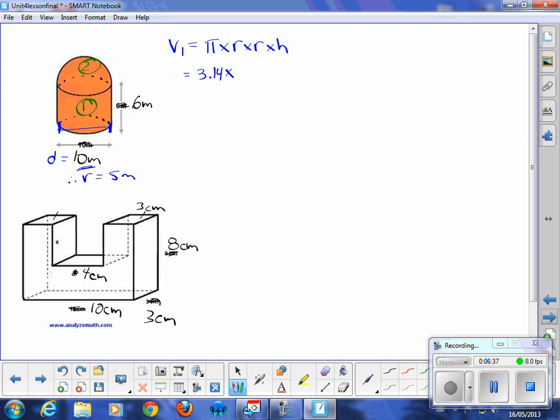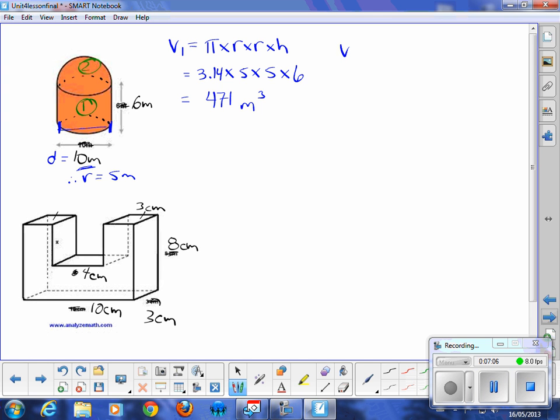Oh, it could be a silo. All right. I'm missing the obvious here out in rural country. Now the shape is 6 meters tall, so we now have all the dimensions necessary to calculate the volume of that shape. So 3.14 times 5 times 5 times 6. So that cylinder is 471 cubic meters.